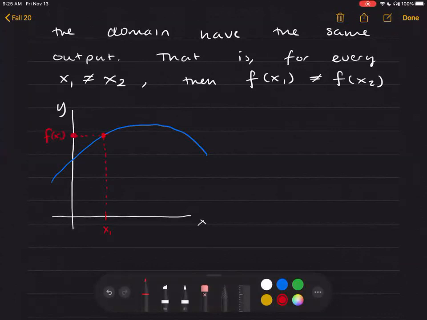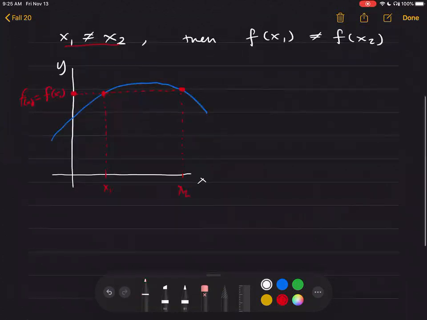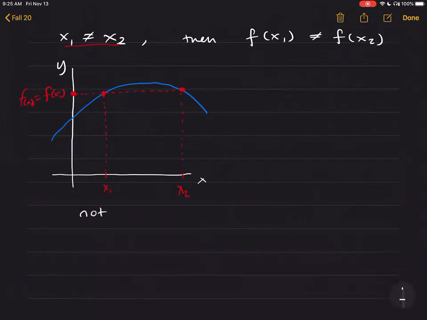But notice that if we come over here, there's another point that also goes to that height. This is x2, so this is also f of x2. But the problem here is that x1 and x2 are different, yet f of x1 is the same as f of x2. So this one is not one-to-one.